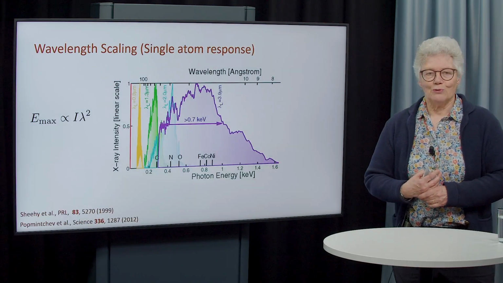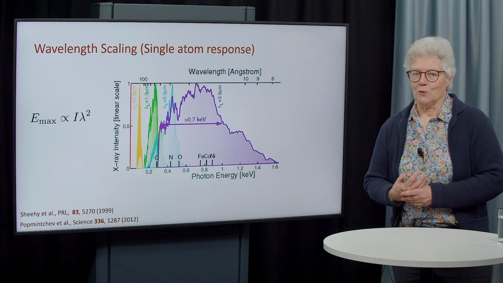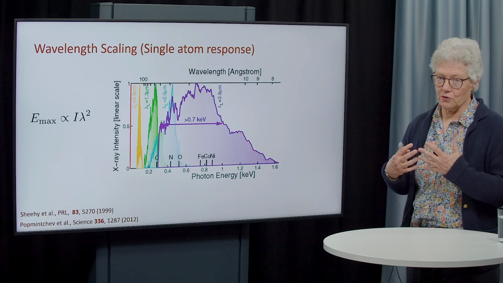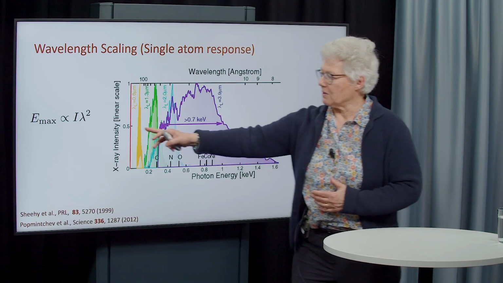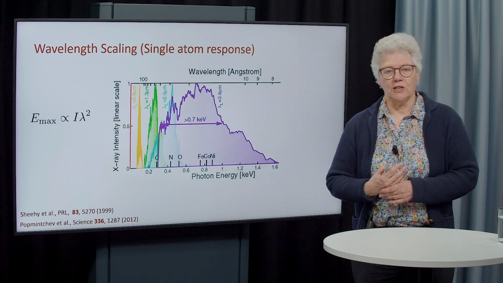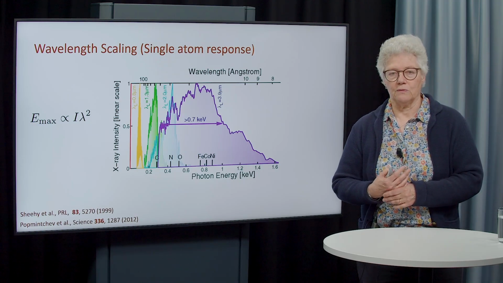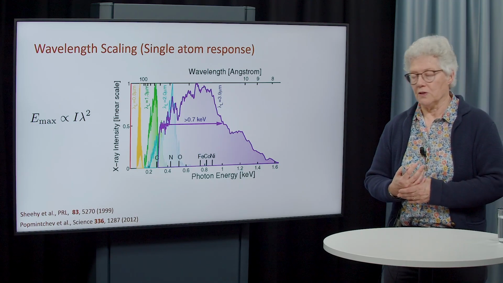It's not possible to talk about scaling of high-order harmonic generation without also talking about the wavelength scaling, which is for the single atom response. And simply, the photon energy that you can get varies as the product of the laser intensity times the square of the wavelength.